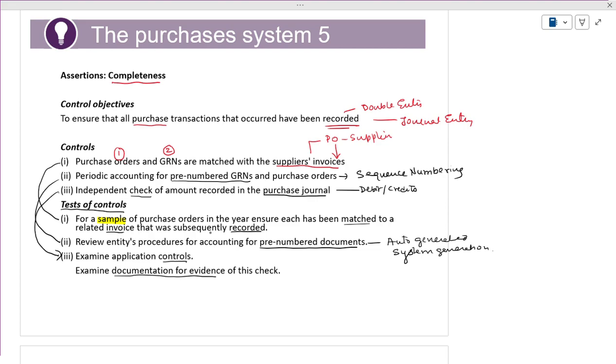We have to examine documentation, because whenever you talk about documentation, everyone will sign. This is where we are talking in terms of completeness. Completeness means whether it has been posted or recorded in the financial books.